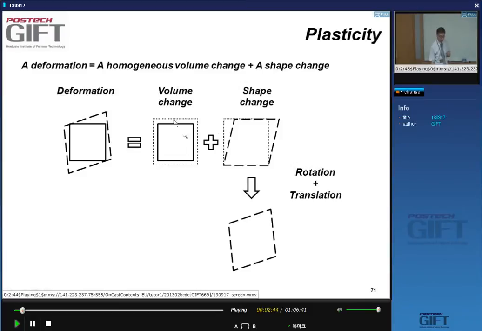In this case, there is a change in size of this square, and here there is no change in the size of this square, because with the shearing, the wedge of material that used to be on the left side is now on the right. So there's been no change in the volume. And in addition, this final shape can be rotated and translated to mimic an actual plastic deformation, right?